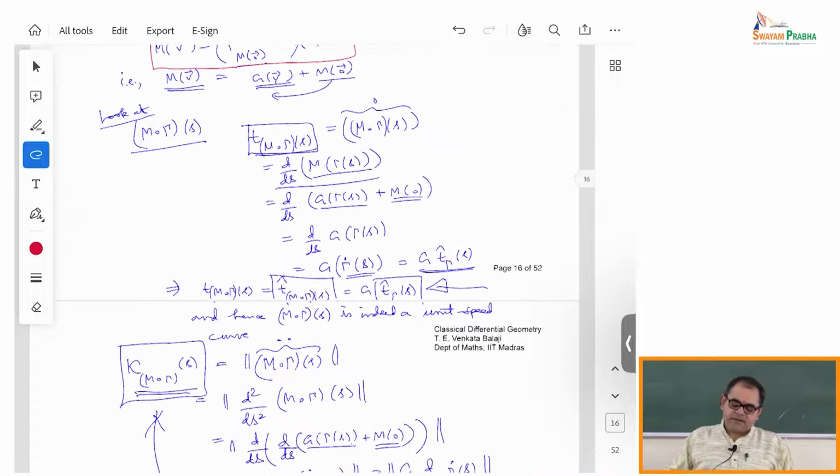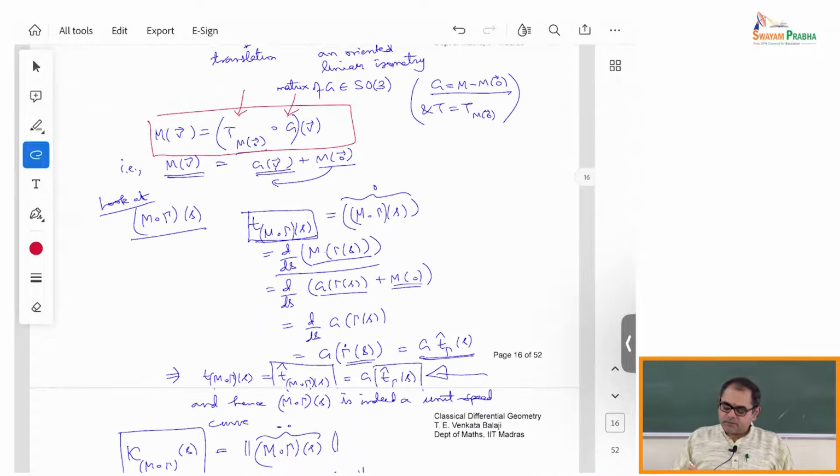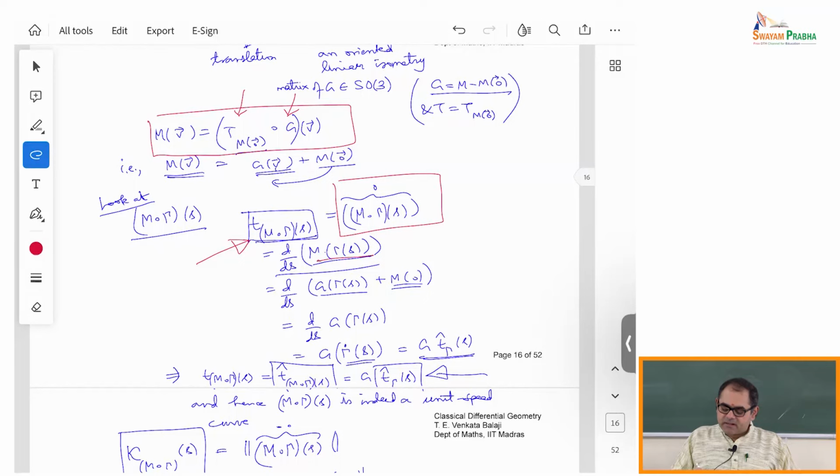The point is that if you calculate the tangent vector of M circle gamma S, basically you are going to do d by ds of M circle gamma of S. But this M circle gamma S will become G gamma S plus M0, and when you do this d by ds, the derivative of this M0 term is going to go away because M0 is a constant vector. Therefore finally what comes out is only the G.